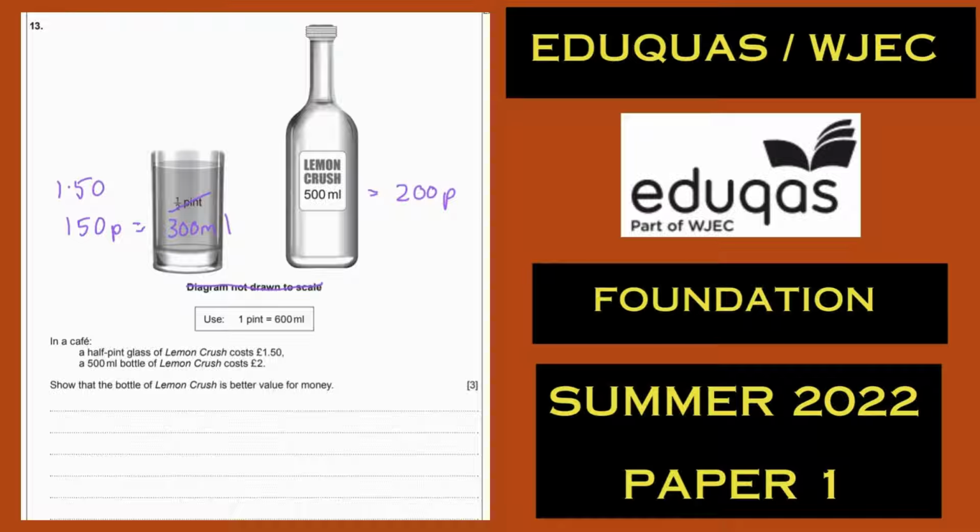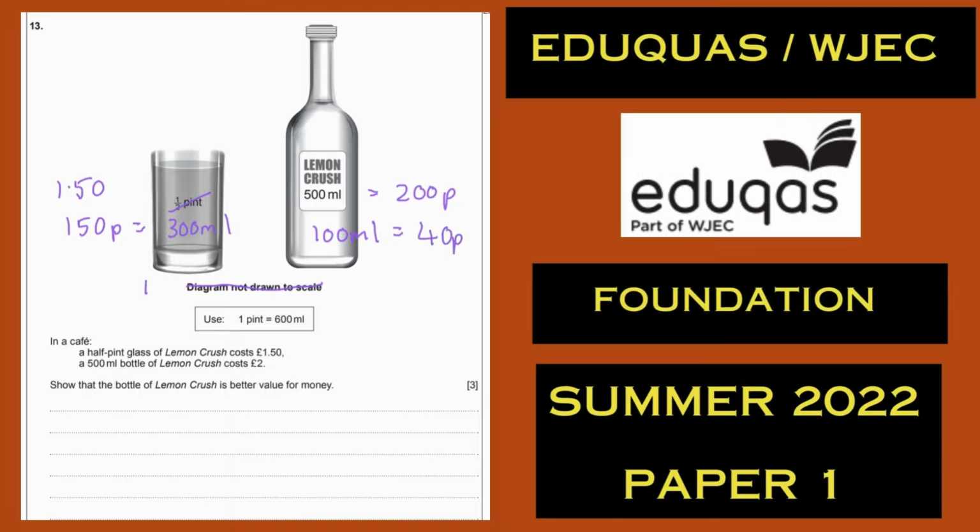Show that the lemon crush is better value for money, so you need something to compare. I'm going to go for the value of 100 millilitres. So on the lemon crush, that's divide by 5, 40 pence.